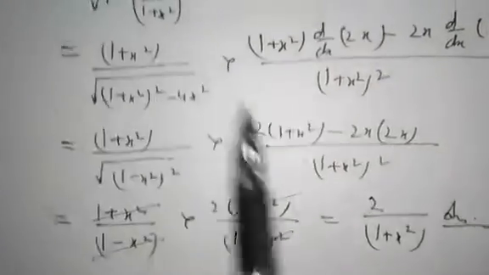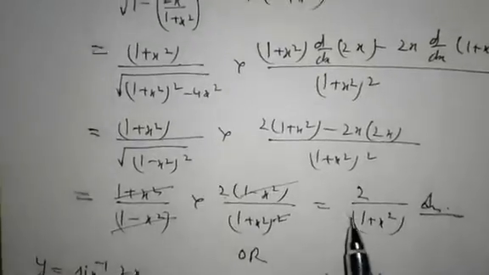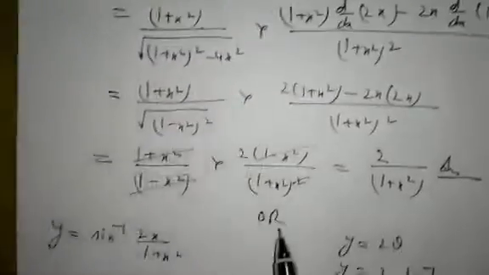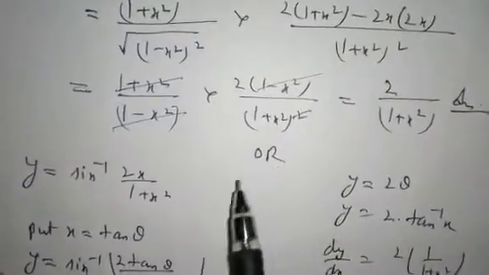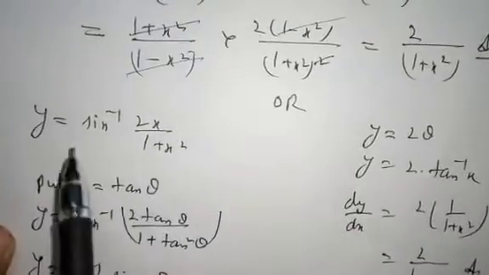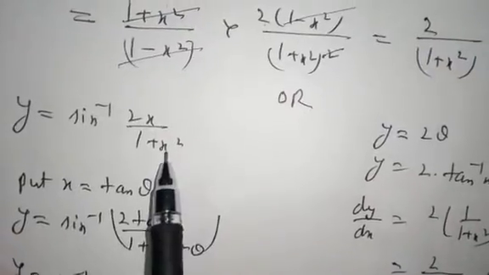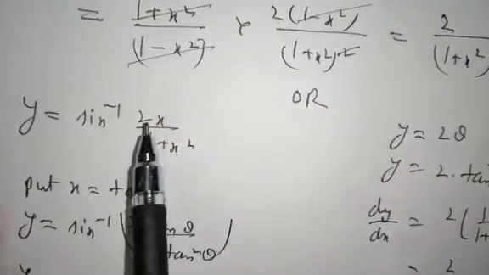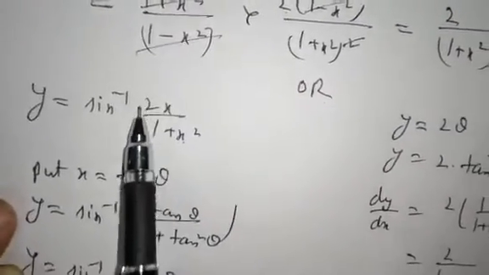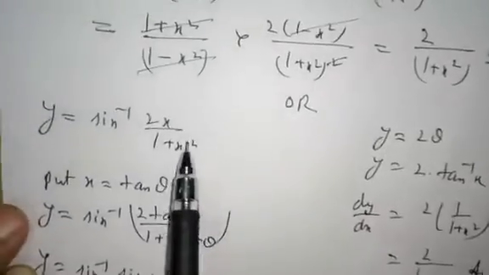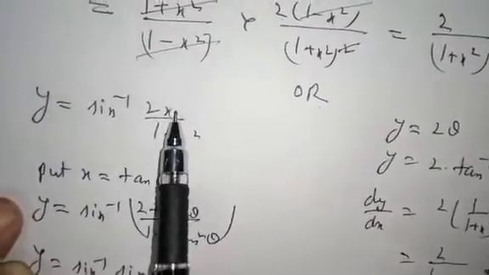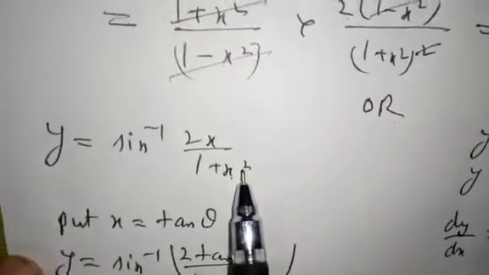The same question we can solve by using an alternative method. So y equals sin inverse of 2x upon 1 plus x square. In this method we think, is there any trigonometric formula related to this one, twice of something upon 1 plus something square?